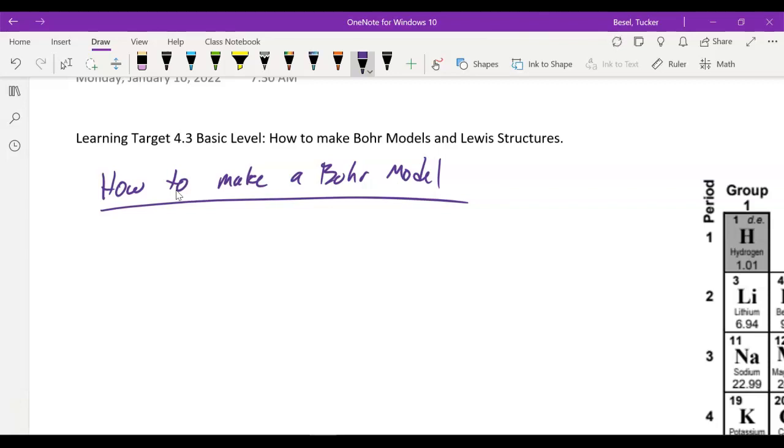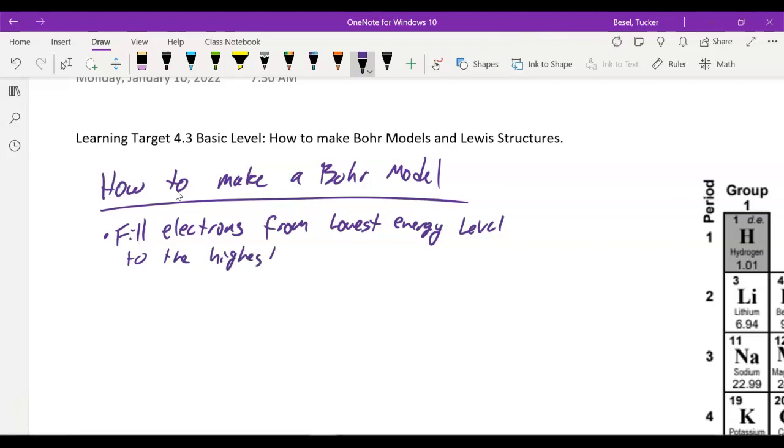The protons and neutrons are in the middle, or the element symbol goes in the middle, and then from there we need to fill the electrons going from the lowest energy level to the highest energy level.